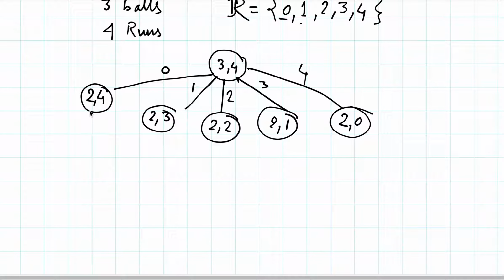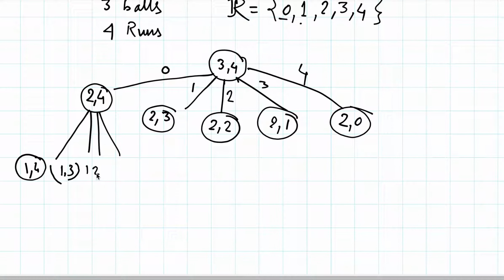And now recursively, these will again simplify to next 5 steps. So it will be 1, 4, then 1, 3, then 1, 2, 1, 1 and 1, 0. And this will be 1, 3, 1, 2, 1, 1, 1, 0, and we will get negative.